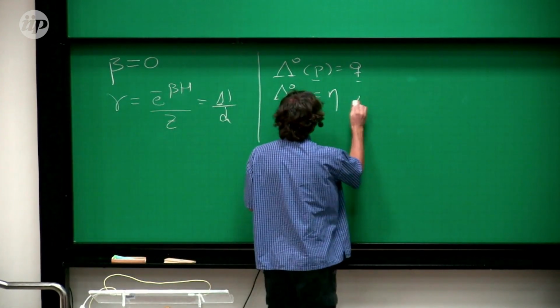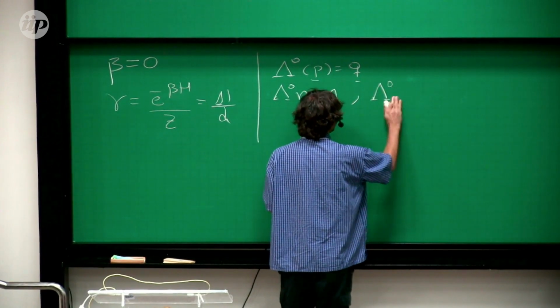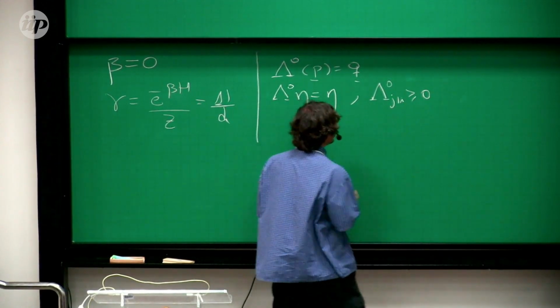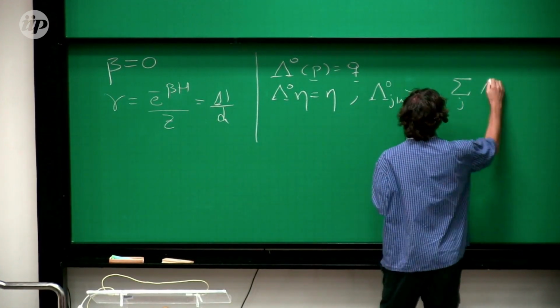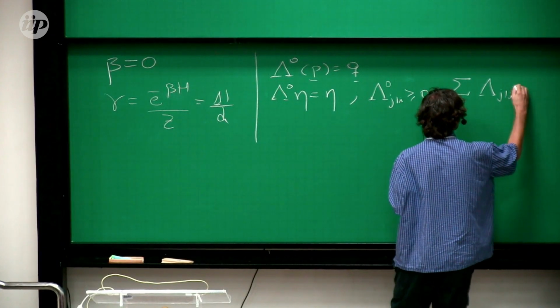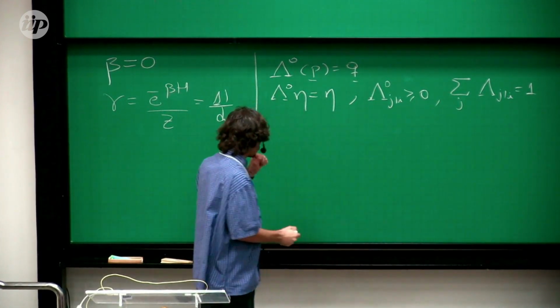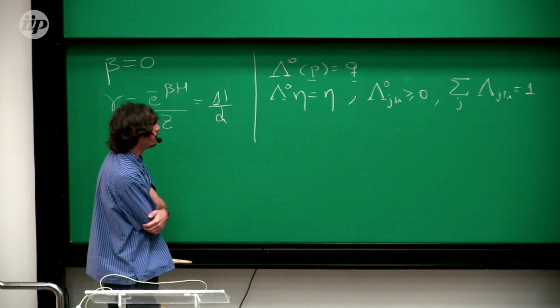And then the properties of this matrix, sorry for being redundant, is that this Ji is always larger than 0, those entries, and before we had that the columns, sum over J, sums to 1. Well, now if we do some algebra, this is an exercise for you.